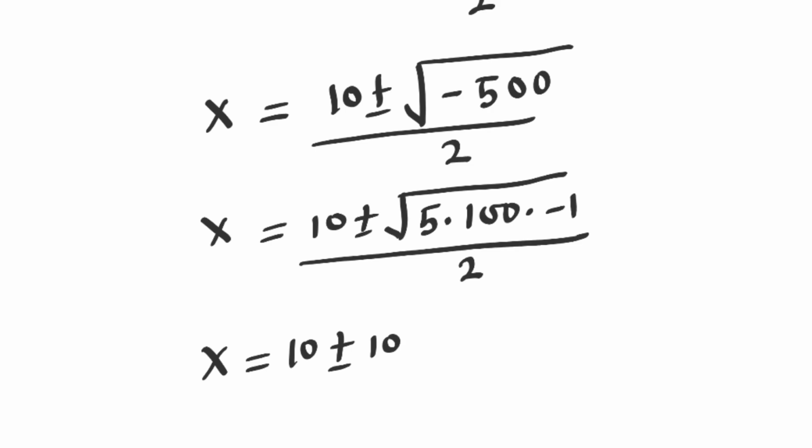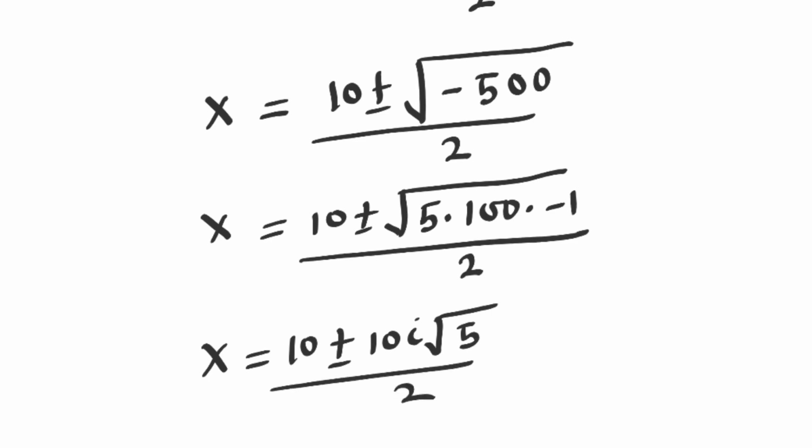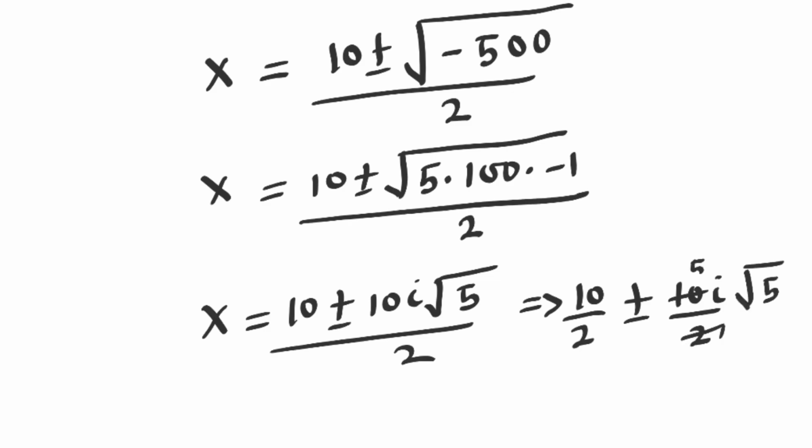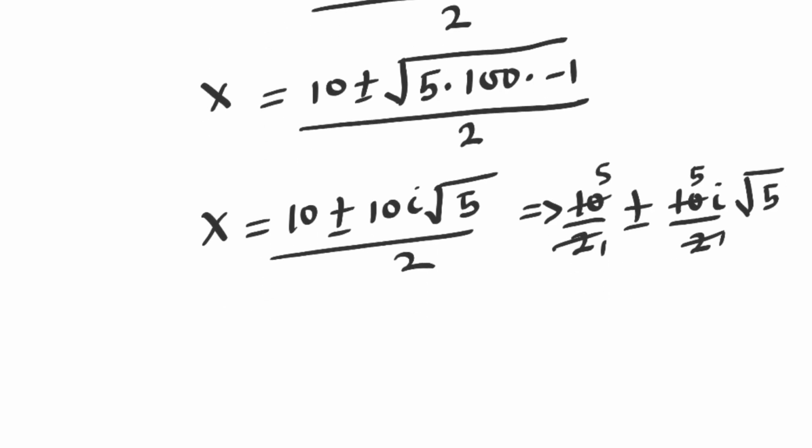Square root of minus 1 is i, root 5, divided by 2. And this can be written as 10 divided by 2 plus or minus 10i root 5 divided by 2. 2 here 1, 2 here 5.